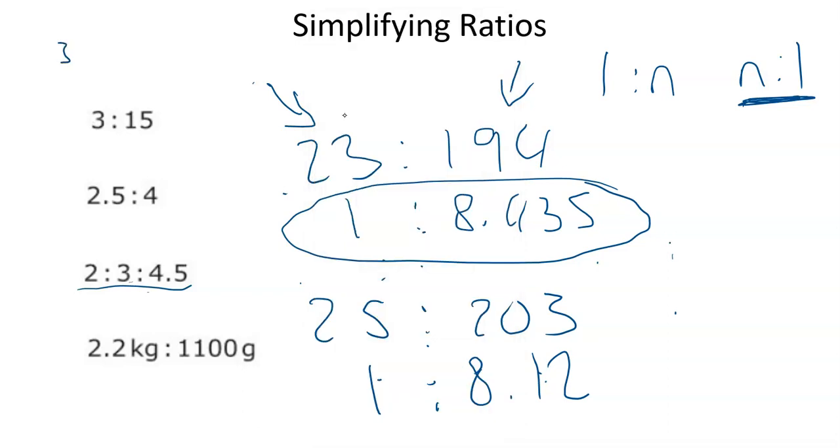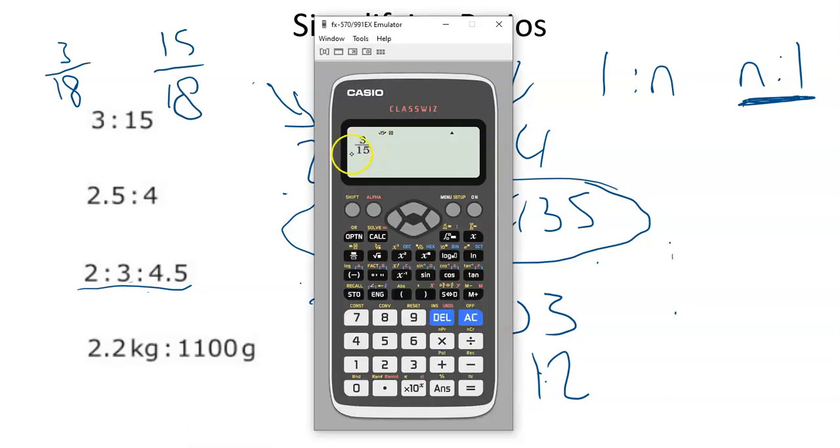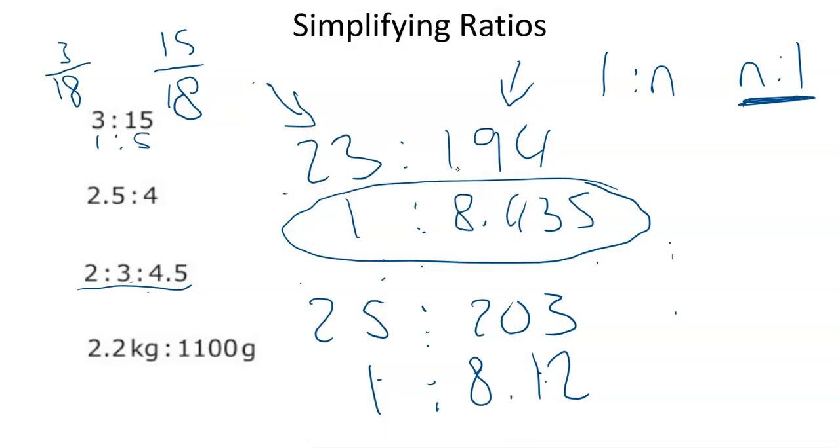So this guy has 3 out of 18, and this side has 15 out of 18. So this fraction 3 over 15 has nothing to do with this ratio, but it will cancel down in the same way that the ratio will. So the answer is 1 over 5. So this will simplify as 1 to 5.